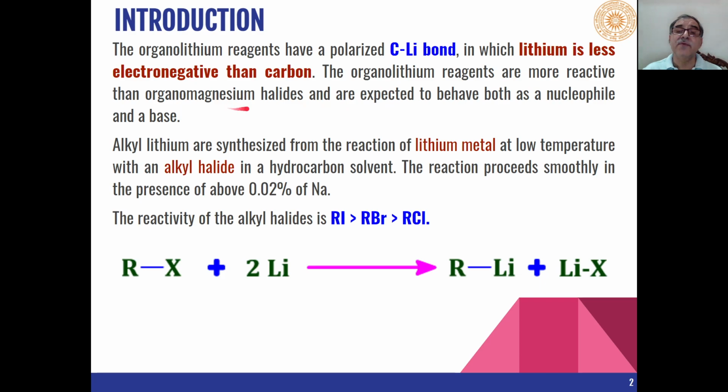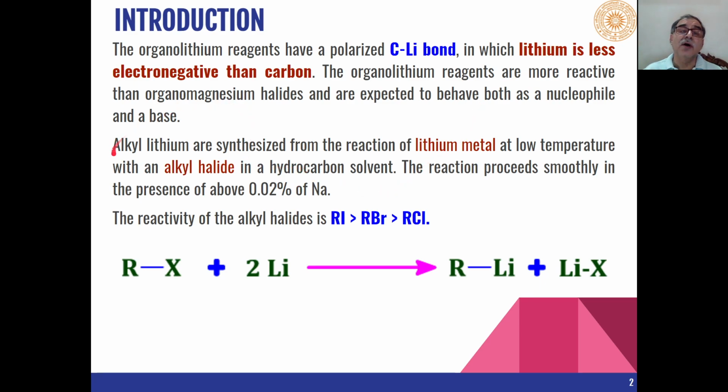And likewise, these organolithium reagents are more reactive than Grignard reagents, that is organomagnesium halides, and that is why they are expected to behave both as nucleophiles as well as bases.